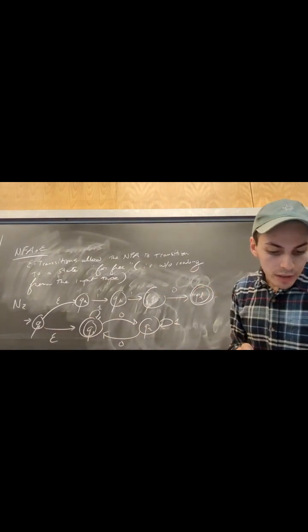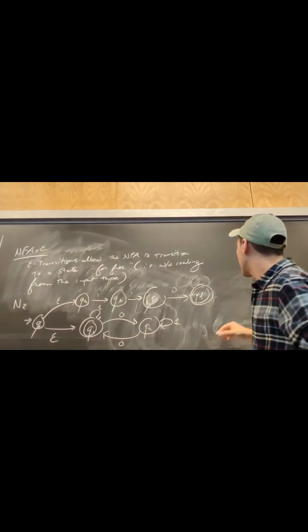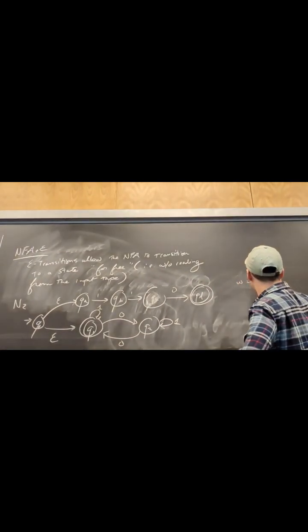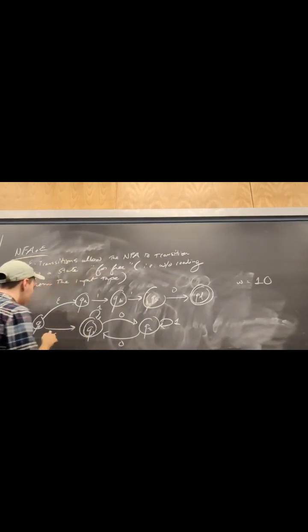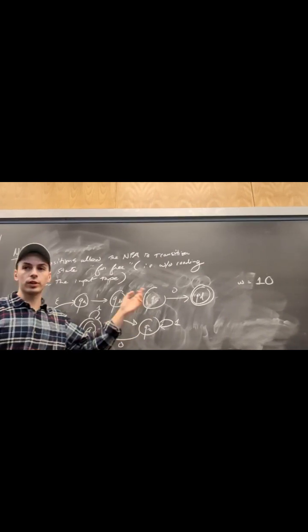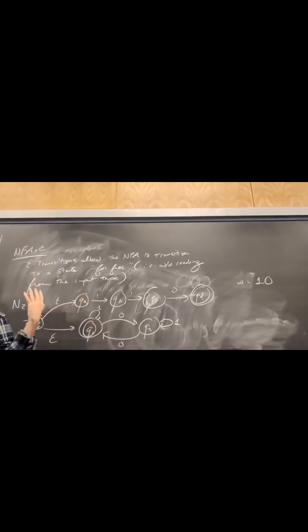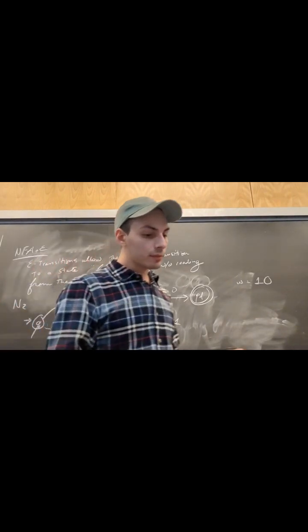Well, essentially, let's say I have the string 1, 0 as the input string. So like NFAs and DFAs, my NFA with epsilon transition starts at the start state. It's no different. But now what's different is it can jump to QA or to Q1 for free without reading the first letter of the string, essentially.